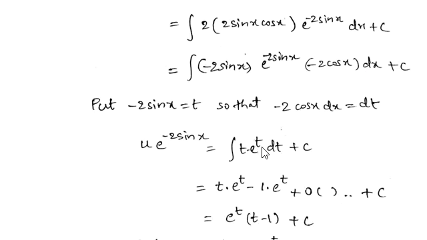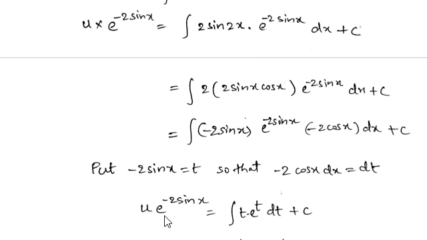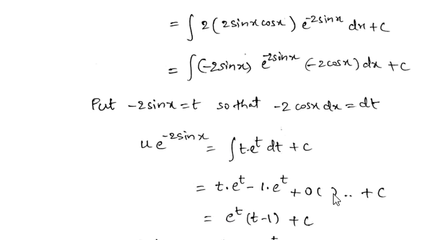So plus c, and after writing like this, with the left side as it is, u into e to the power of minus 2 sin x is equal to the integral of t e to the power of t dt plus c.